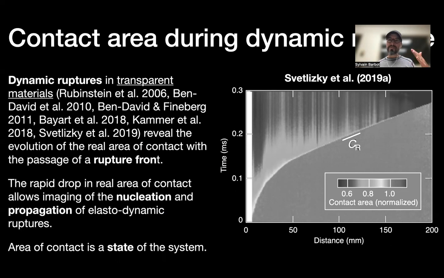We're now capable of seeing the passage of a rupture front at different speeds, from very slow to some approaching the Rayleigh wave speed, where the area of contact is destroyed by the passage of the rupture. So this is also reinforcing the idea that the most physical state variable may be the area of contact in the gouge or a bare contact between rough surfaces.